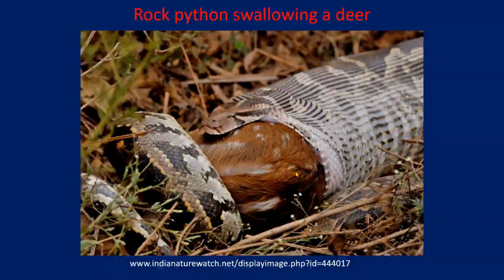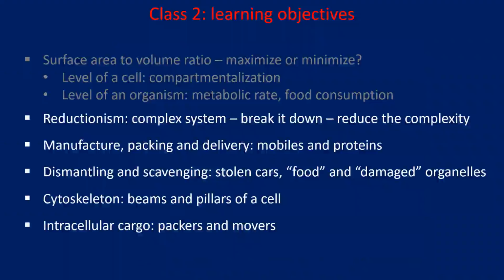For the digestion, the inside structure will be very different, and the inside of this python again provides such a ratio. The surface area to volume ratio is maximized, and due to that it can digest the deer, but the digestion may happen over a week or so.